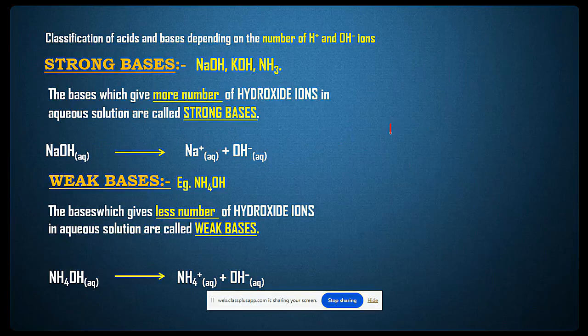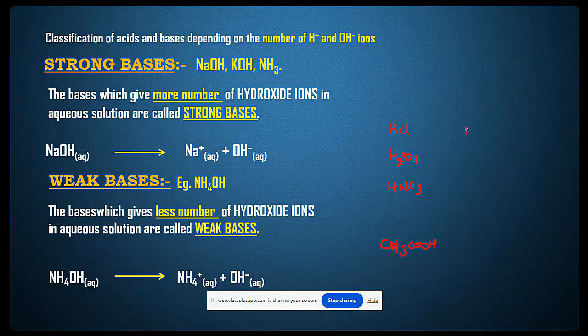We know very well in acids as well: strong acids are HCl, H2SO4, HNO3, and weak acid is CH3COOH.